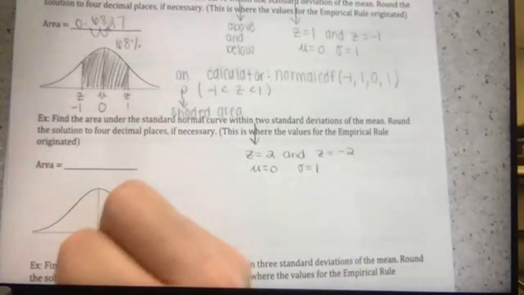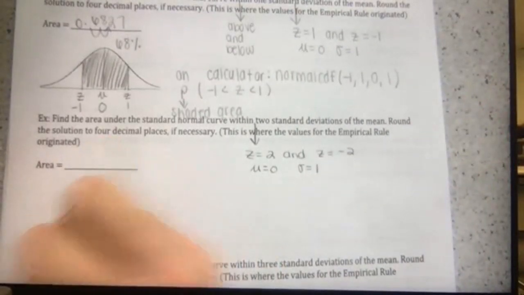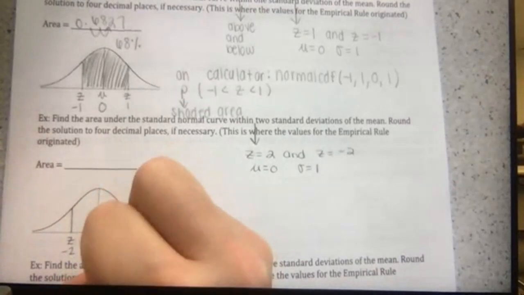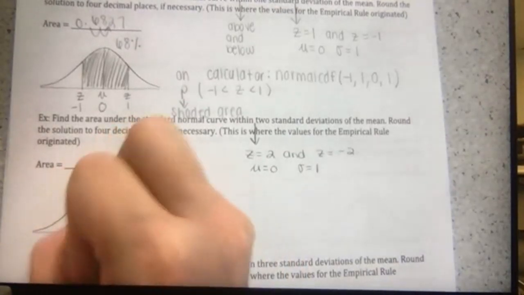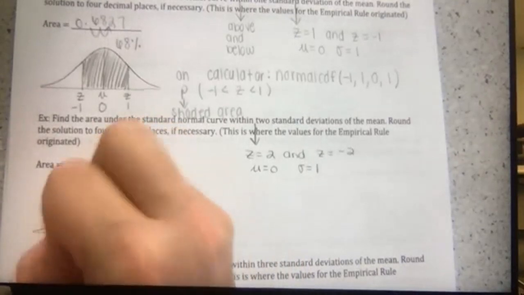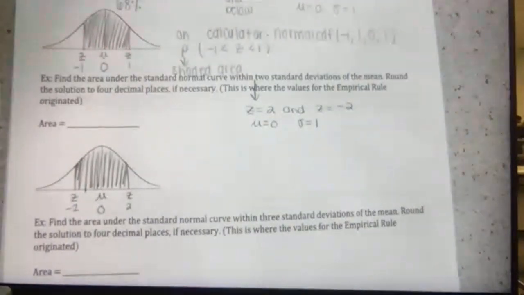So in the middle is our mean, which is 0. We're looking at Z is -2 on the left-hand side because it's negative, and Z is +2 on the right-hand side because it's positive. Our pictures aren't as important on this one because it's between the 2, but we're still, for consistency's sake, going to do it.